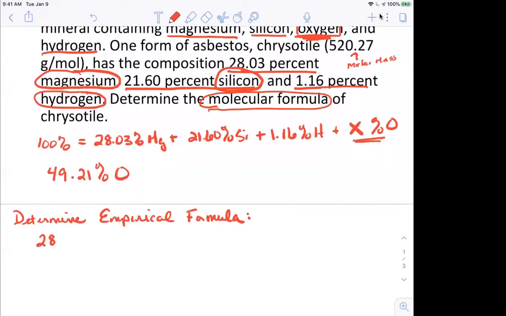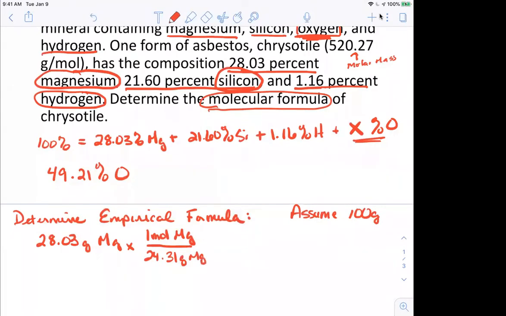If I have 28.03 grams of magnesium, because remember, I'm assuming we have 100 grams when I have percentages, and for every 1 mole of magnesium, I have 24.31 grams of magnesium, this is going to give me 1.1530 moles of magnesium.